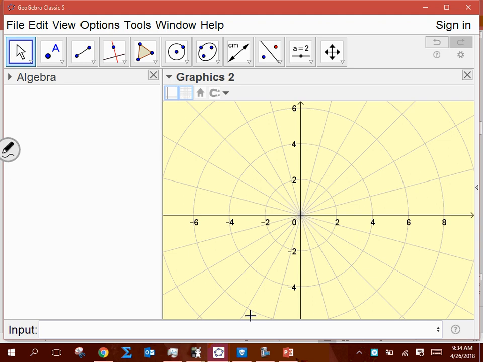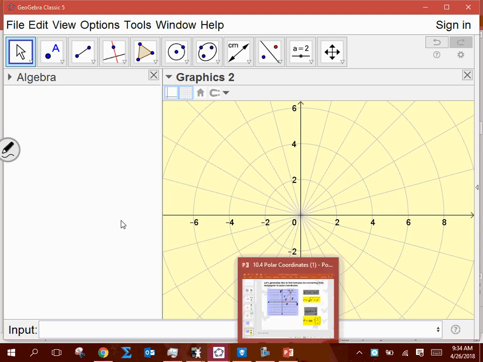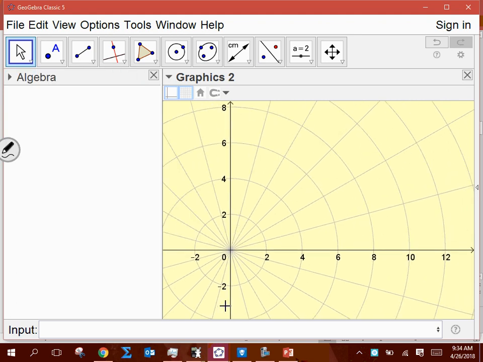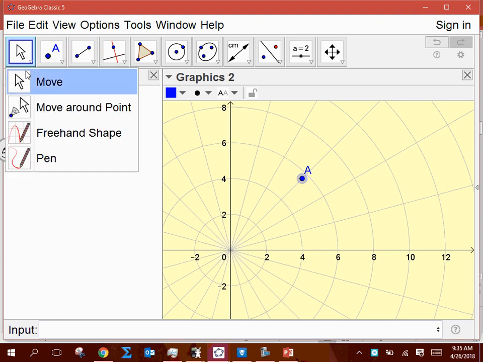Let's go the opposite direction. Okay, so going the opposite direction, let's say that I have the point, just for the sake of the work being a little bit easier, 4 comma 4. Okay, and that is in rectangular format.